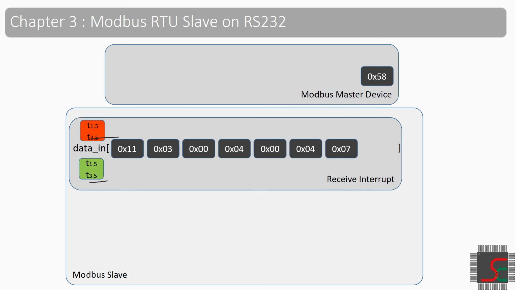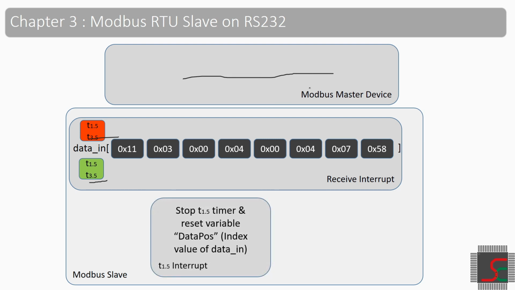After the last byte is received, and as usual the timers are enabled, since there is no further data to be sent by the master, the T1.5 timer will expire and its interrupt will be activated.